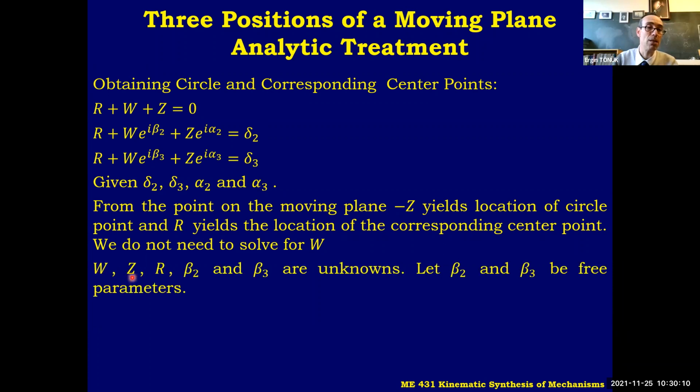W, a complex number, Z, a complex number, R, a complex number, beta 2 and beta 3 are two real angles. That is 2, 4, 6, 7, 8 real unknowns. So like the original form of the dyad equation, you can choose beta 2 and beta 3 as your free parameters. That is, you can change them and obtain different solutions. How do we do that?